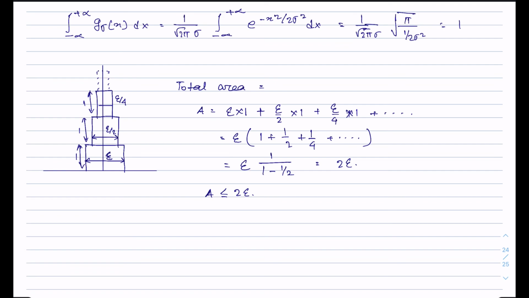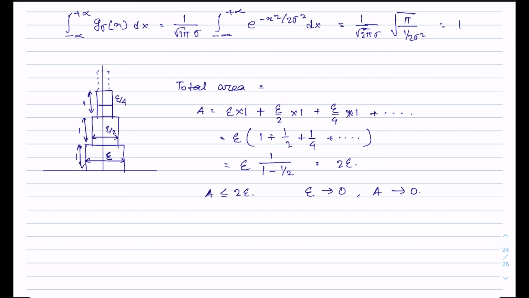I am using less than because for such an infinite number of rectangles the area is 2 epsilon, but one can't reach infinity, so the area will be less than 2 epsilon. So that's why I write less than or equal to 2 epsilon. Now as you can see, as epsilon tends to 0, area tends to 0. But the area under g_sigma(x) is always 1.